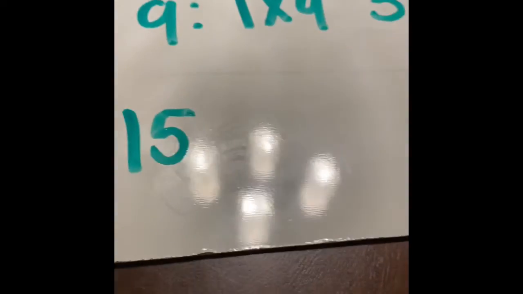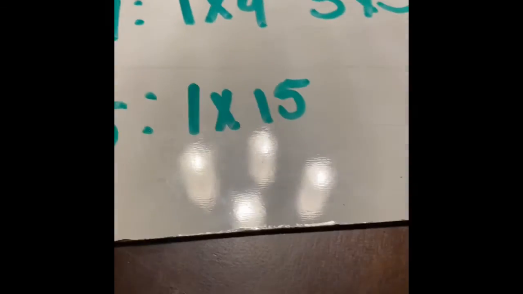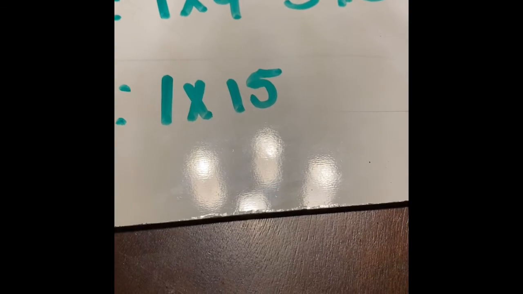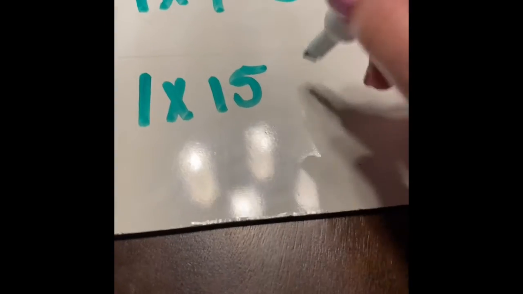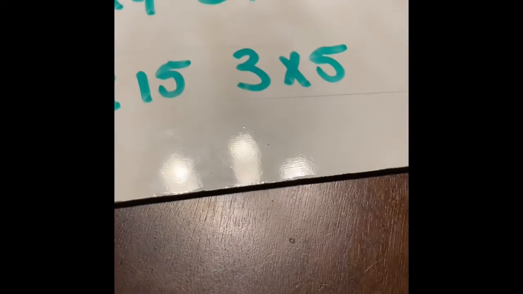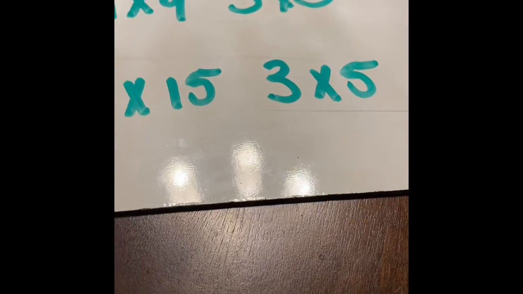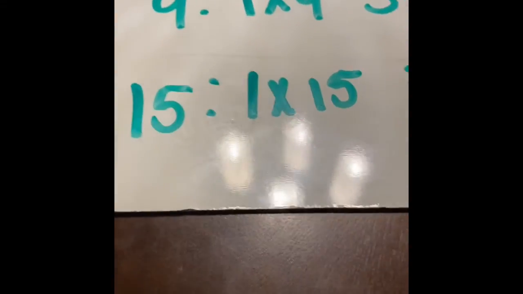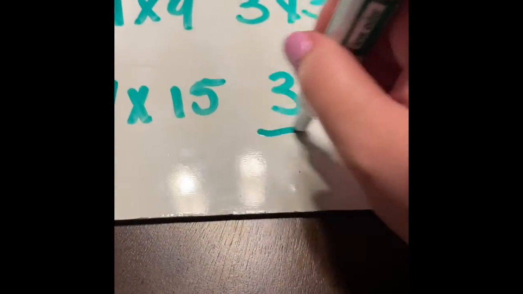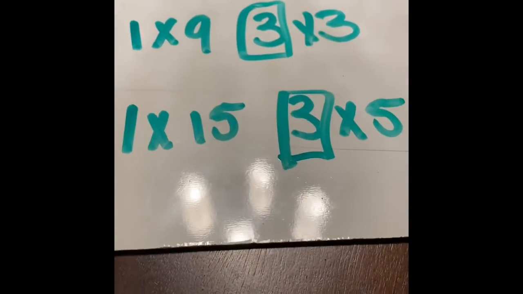For 15, I have 1 times 15 equals 15, and 3 times 5 equals 15. Those are the factors of 9 and 15. As you can see, we have 3 in common.